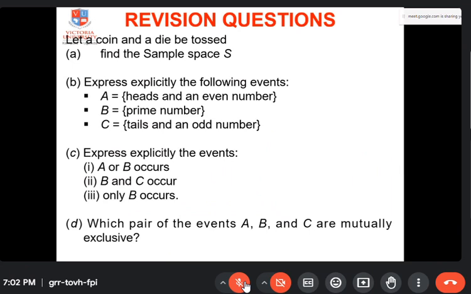I think we are interested in finding those members which are only in B, and you don't have them in other sets.